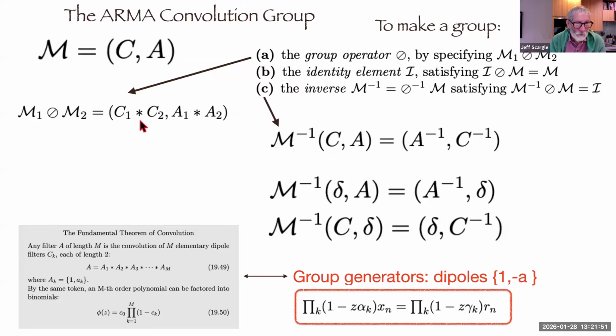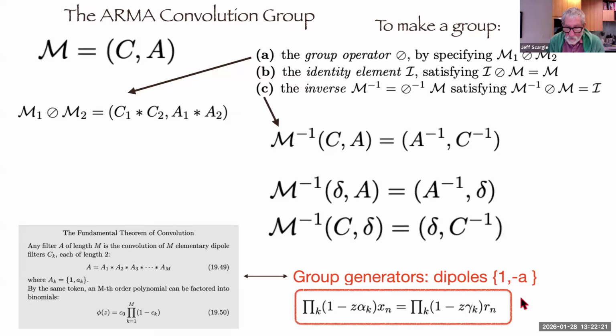And define the group operation in an obvious way, as a convolution of the individual AR and MA parts, and everything works out. There's a little trick that for the inverse, you have to swap the A and the C and invert them. This is the only definition of the inverse for this way to represent things.